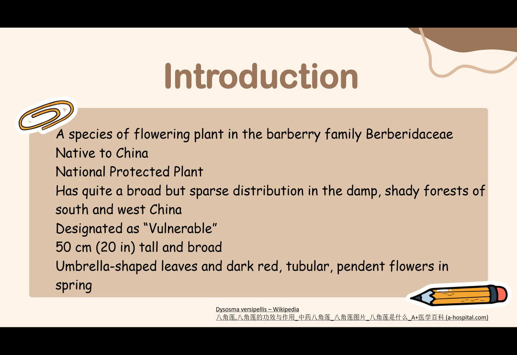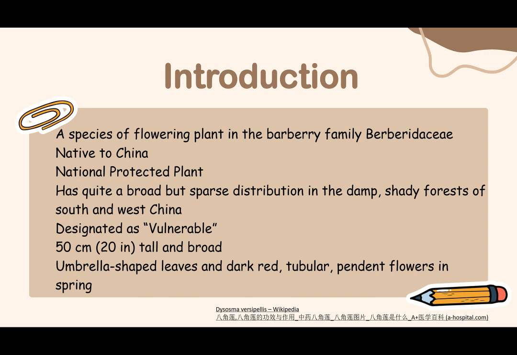It is designated as vulnerable. DV can grow to 50 centimeters tall and 20 inches broad. So it is not a really small plant, but also not a really large plant. Just medium size.